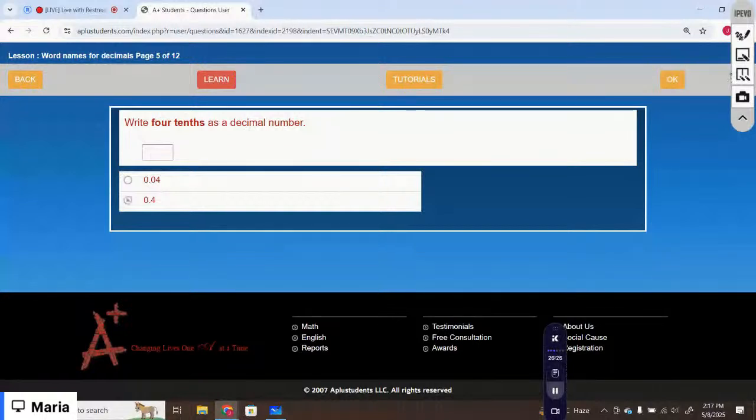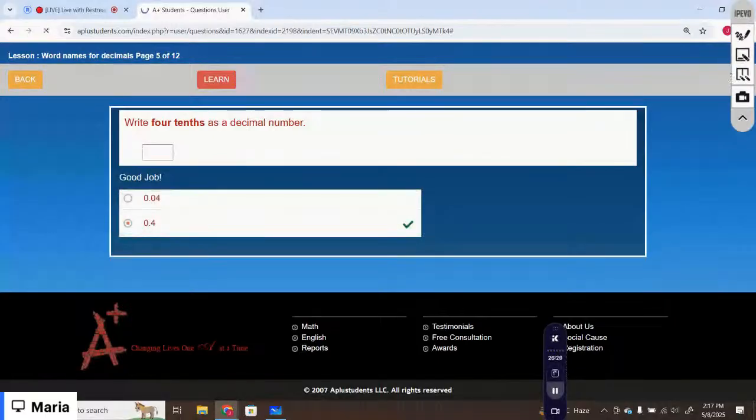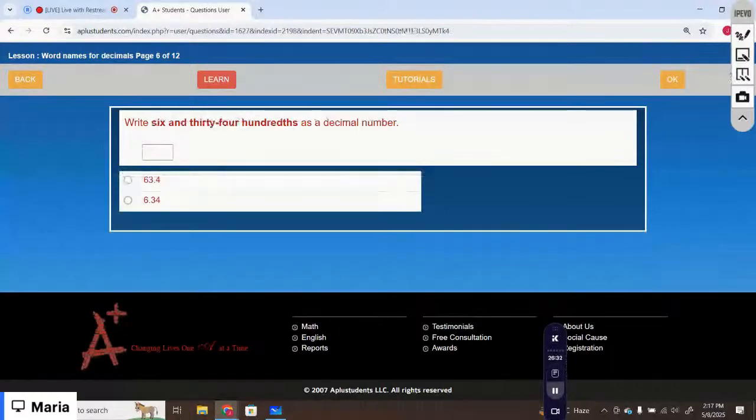That is 0.4. Option number 2 is the correct option. Right? 6 and 34 hundredths as a decimal number.